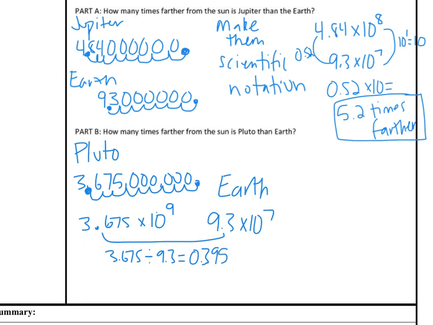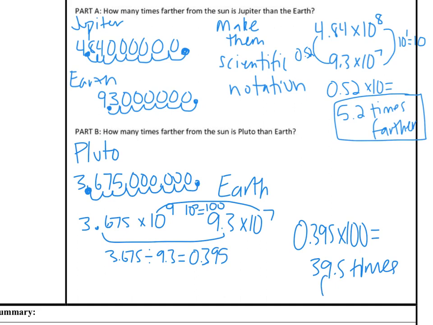Then my tens, Pluto has 2 more tens, and 10 squared, 10 times 10, is 100. So when I multiply my numbers, I get 0.395 times 100, and that would be 39.5 times farther. So Pluto is almost 40 times as far away from the sun as Earth is.